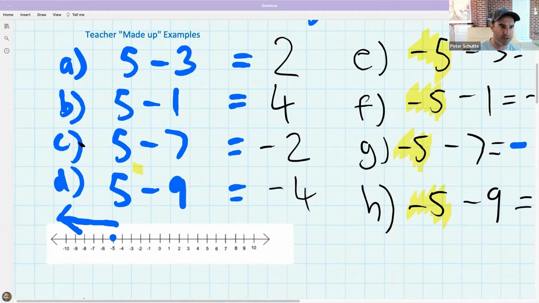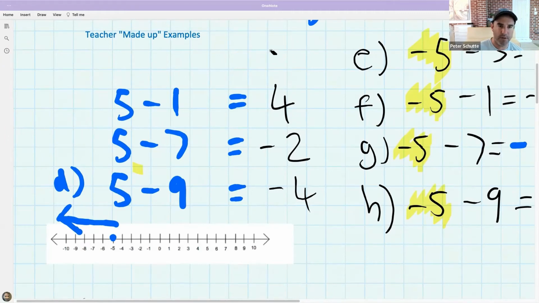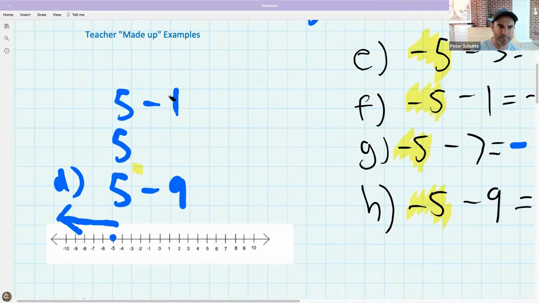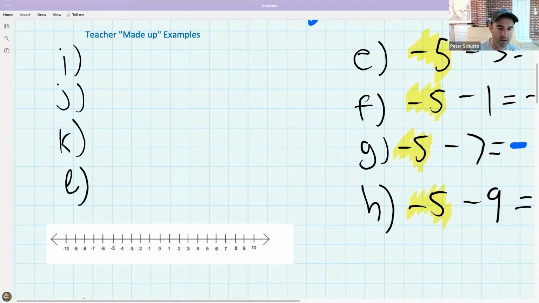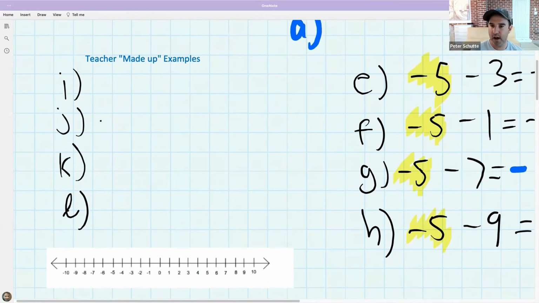So I'm actually going to make up some more questions now, along the same sort of idea. I just want to make sure we consolidate, and we've got the number line below to help us. So let's see if I know my alphabet. A, B, C, D, E, F, G, H, I, J, K, L. Now, let's be a bit sneaky.